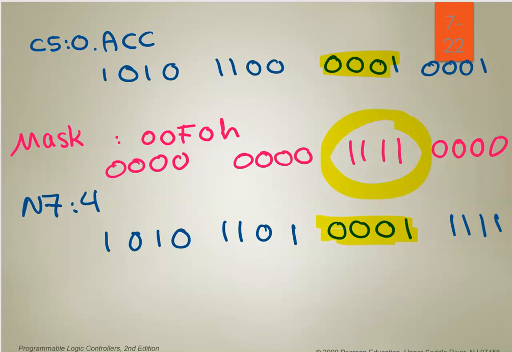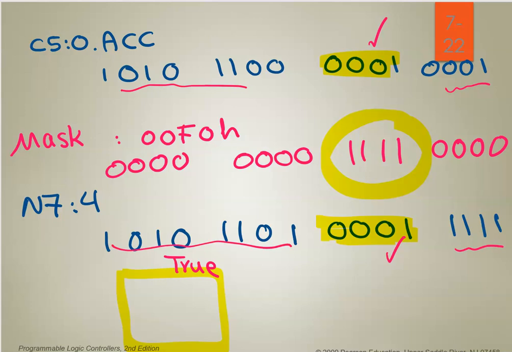If the associated bits in my compare and source are equal, then the result of my instruction is true, which happens here. Because this is equal to this one, no matter what happens with the rest of the bits, I can say the result of the instruction is true.